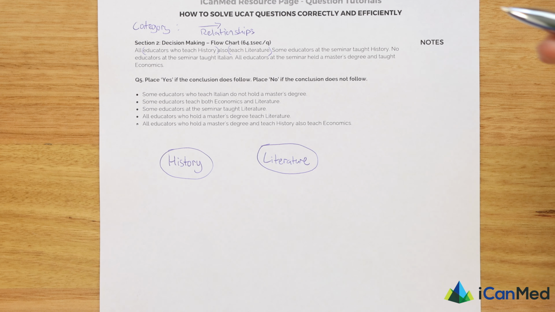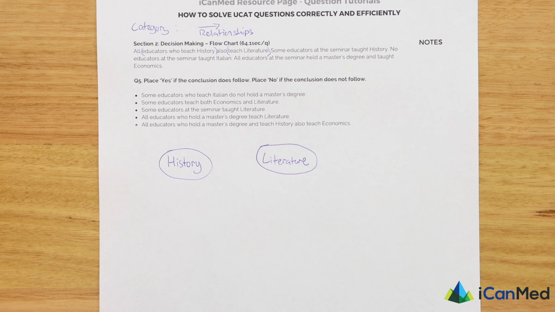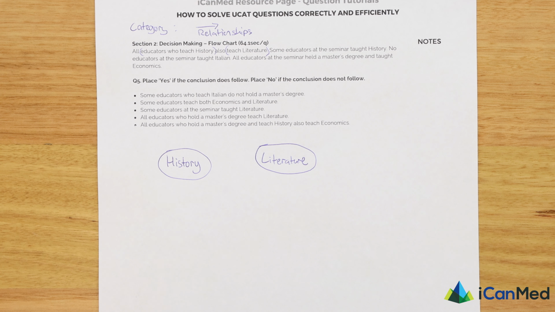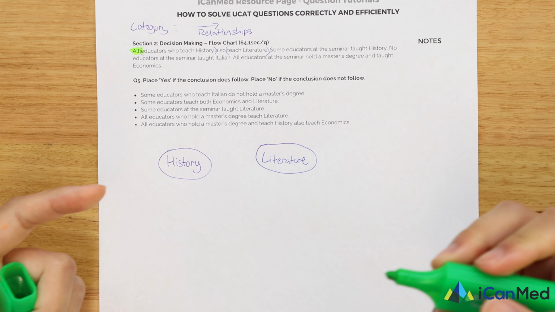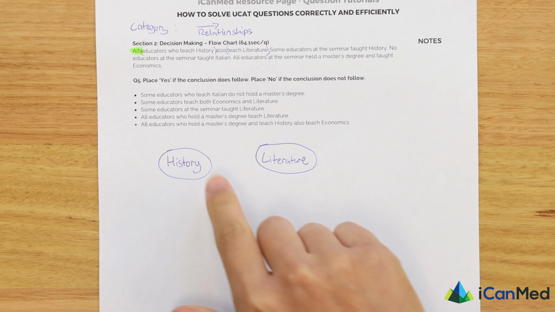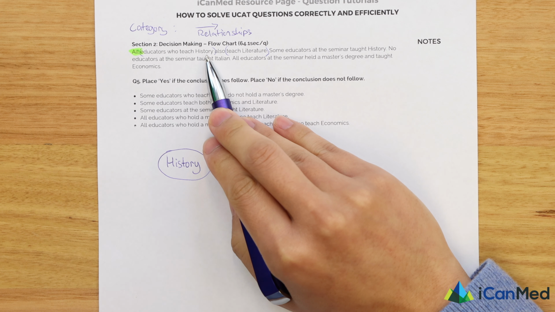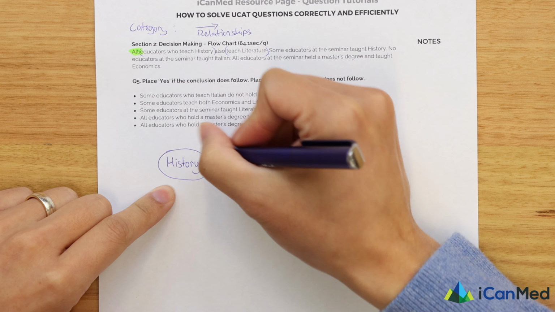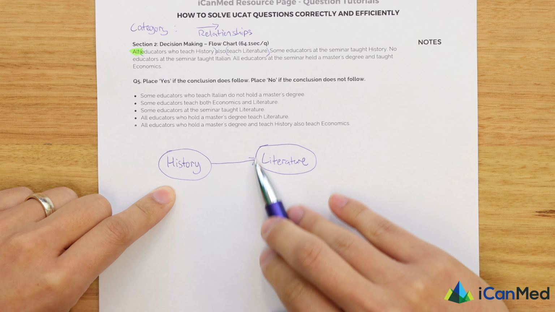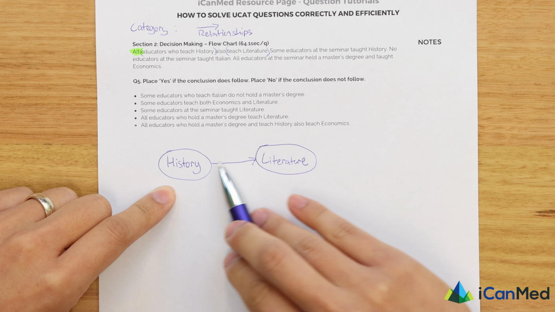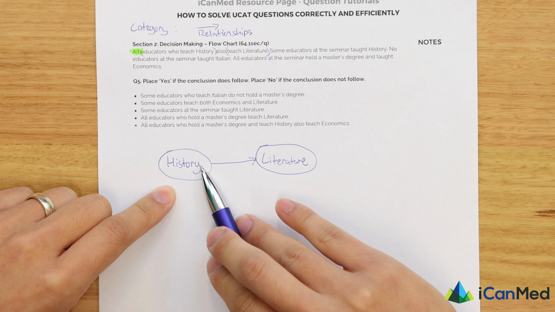Now, what is the relationship between these two categories? The relationship word that we saw was this word here: all. So if I draw an arrow from history, because that was the first category mentioned, going to literature, that's where the second category was mentioned, you can see the arrowhead is always pointing towards the second category from the first category.